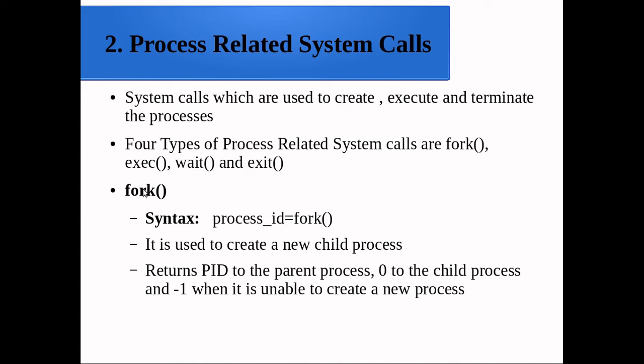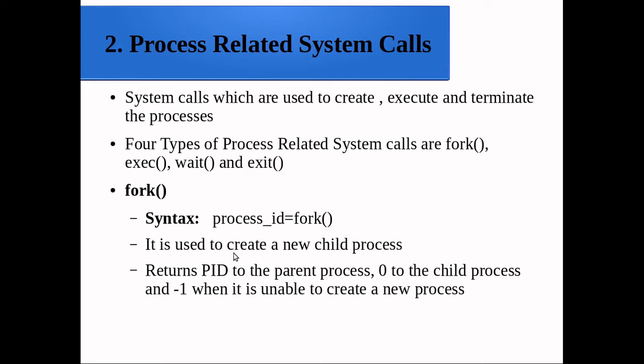So what is the first one? The fork system call. It is used to create a new child process. Now let's see the syntax of the fork system call: process ID equal to fork system call. After executing the fork system call, we will create a new process, and the ID of that process will be stored in the variable process ID.